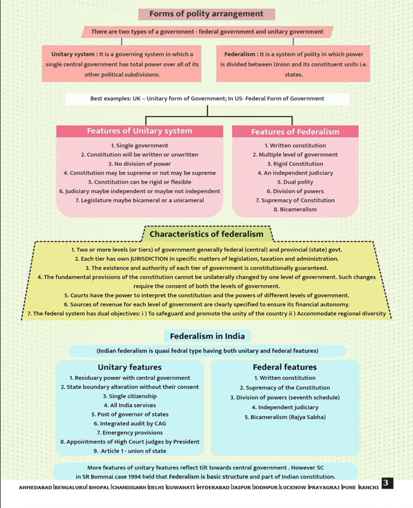In federal features, independent judiciary, bicameralism, Rajya Sabha itself. More unitary features reflect a tilt towards the central government. However, the Supreme Court in the S.R. Bommai case 1994 held that federalism is the basic structure and part of the Indian constitution.